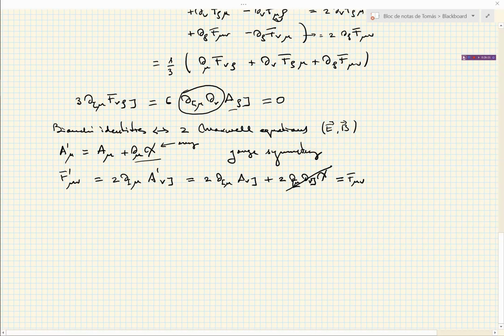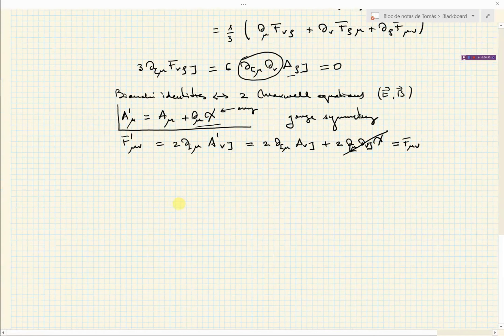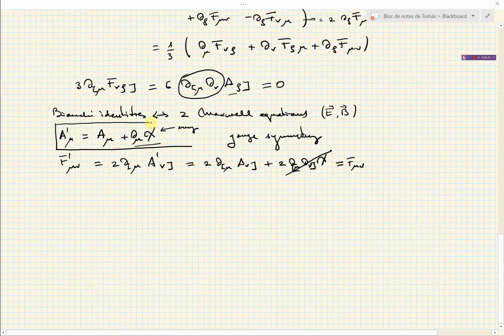Two of the components are really not there. They are only there for the sake of preserving Poincaré symmetry. So this is where this gauge symmetry appears. This is a very important symmetry.